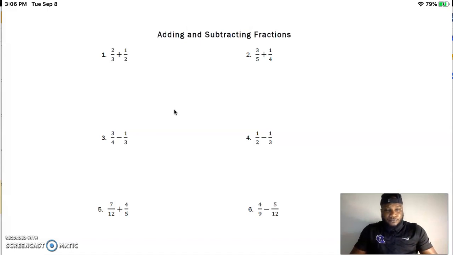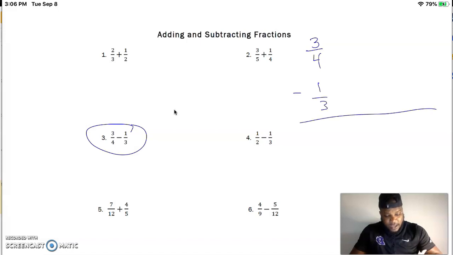Excuse me. Now our next one, we're going to do a subtraction problem, which is this one right here: 3/4 subtract 1/3. I'm going to come over to the side where I have a little bit more room. 3/4 subtract 1/3. Once again, I want to multiply by the opposite fraction's denominator.